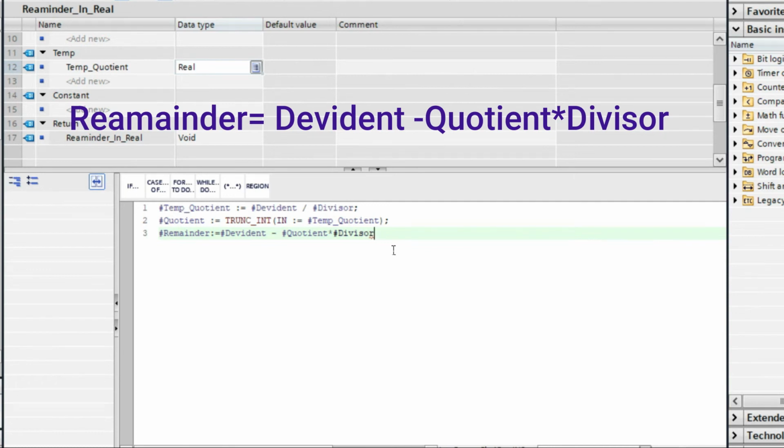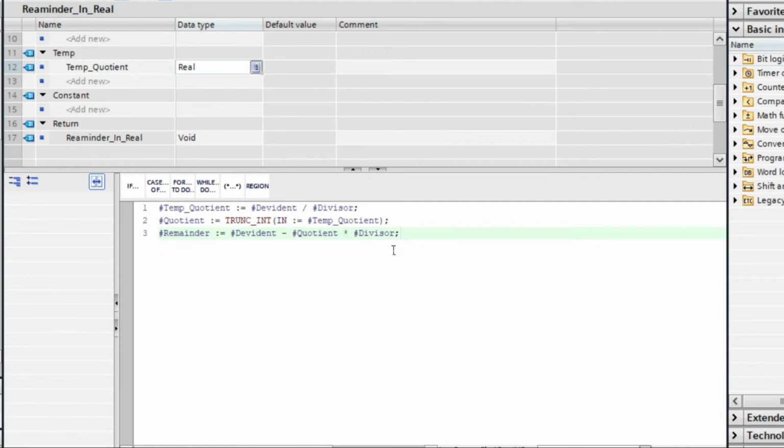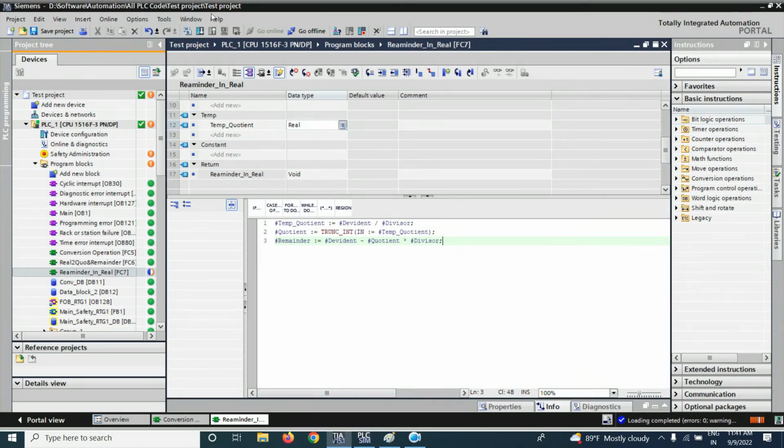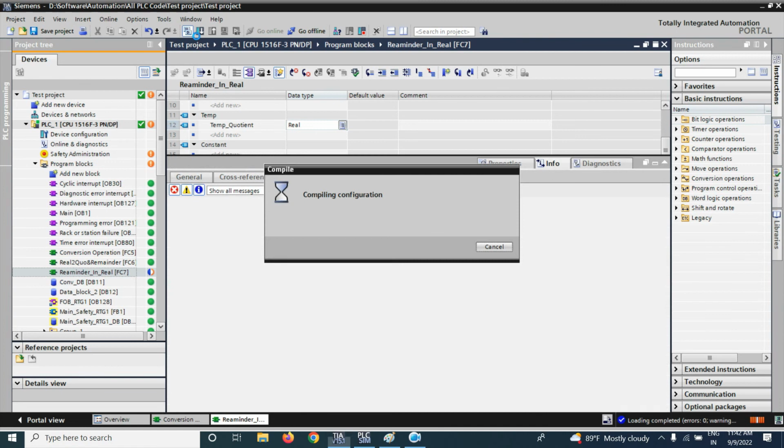That is our equation for finding the remainder in real format. Okay, compile.